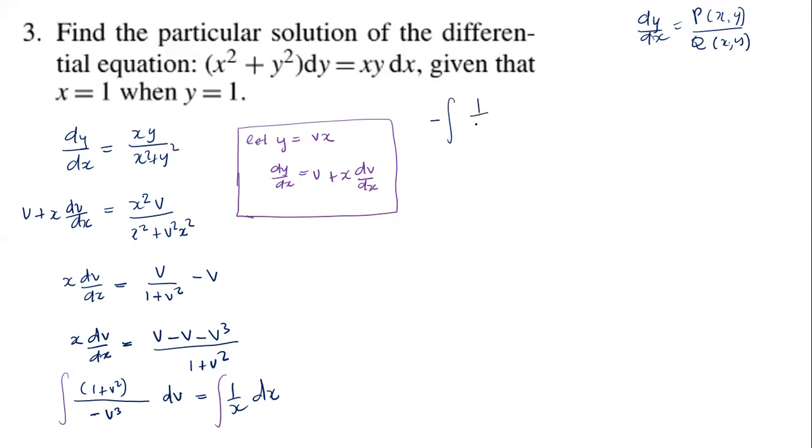We're going to have 1 over v to the power of 3, plus v to the power of 2 divided by v to the power of 3, which is actually 1 over v, close my bracket, dv, right? It will be equal to this side, which is the integral of 1 over x multiplied by dx. And therefore, from here, I'm going to separate my integrals, but it's fine. You can just integrate from here.